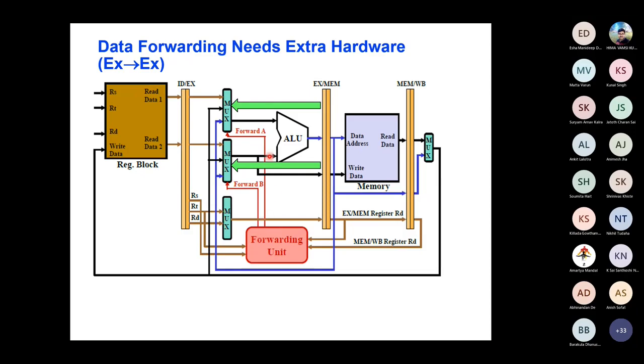And accordingly, it generates the control signal to activate this MUX, so that this data path is activated and the information of the previous destination is made available as the source of the next instruction. So this is called data forwarding from execute to execute stage. Are you with me? Yes, sir.